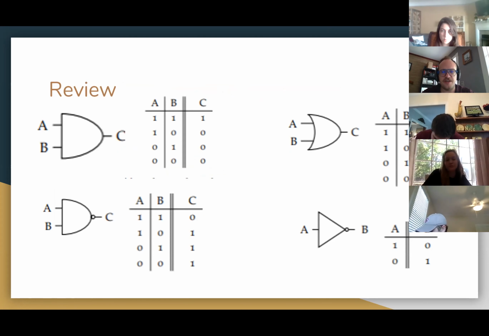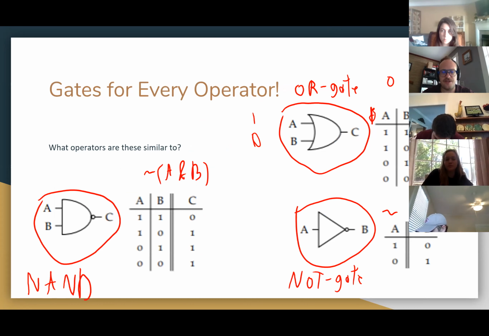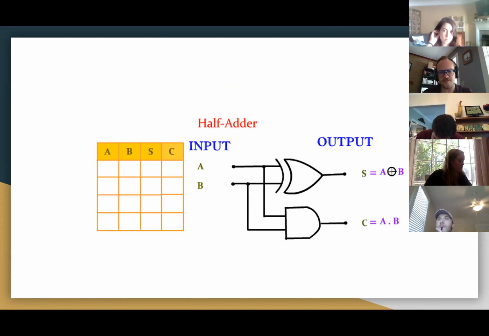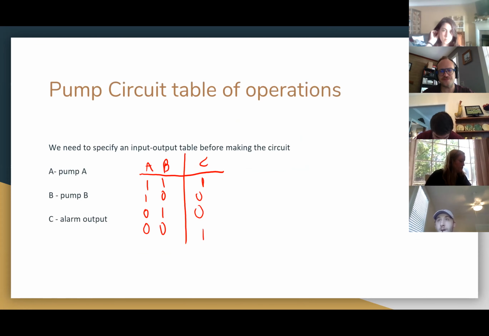We've got this idea of which gates operate in which way. So a really straightforward and consistent method for doing this is going to be using a disjunctive normal form.